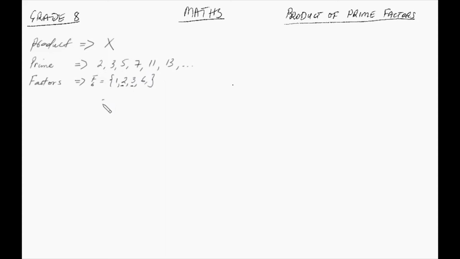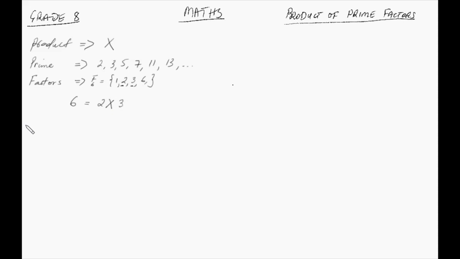If we have 2 and 3 as the prime factors of 6, that means the product of the prime factors of 6 would be 2 multiplied by 3. Be aware that 2 multiplied by 3 is just 6. So when you write 6 as the product of its prime factors, it would be 2 times 3. That's a short preview on product of prime factors.